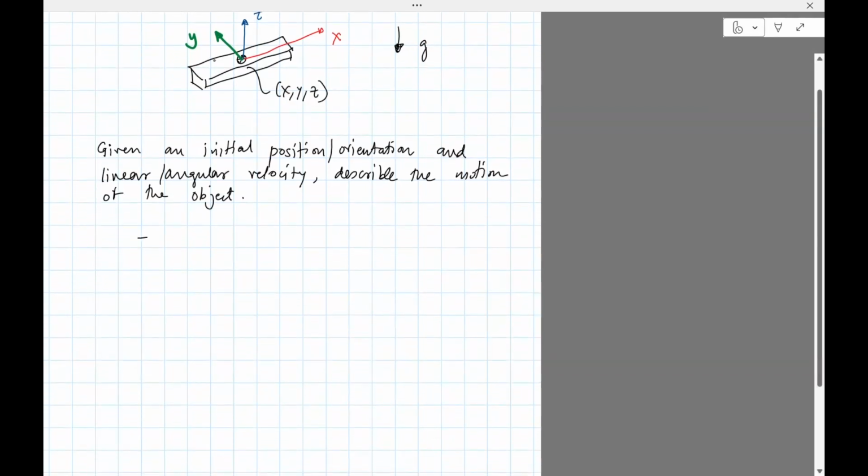So we need to put the equations into a simulation that will use ODE and then do the animation.